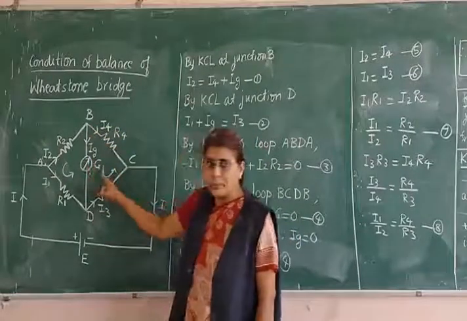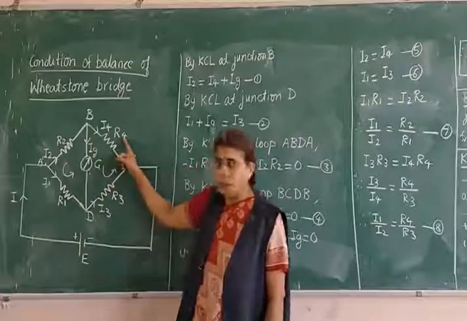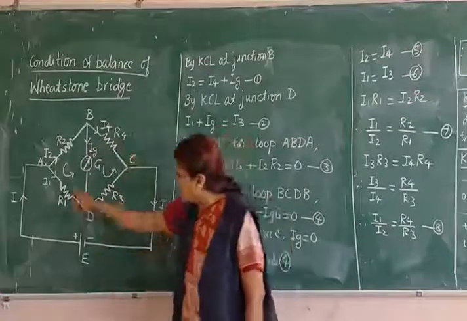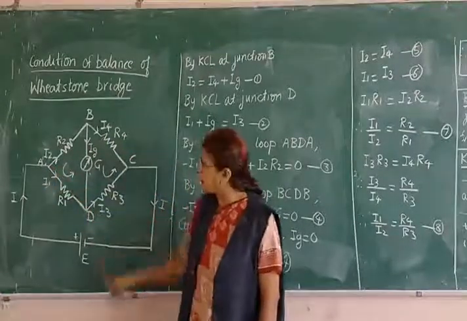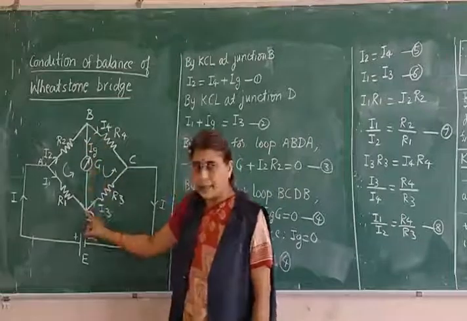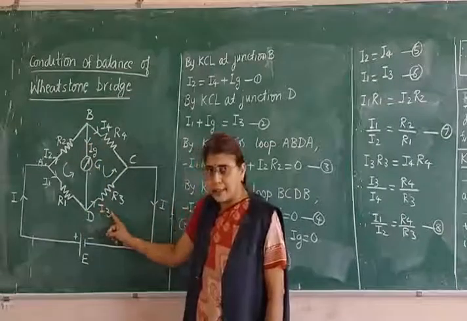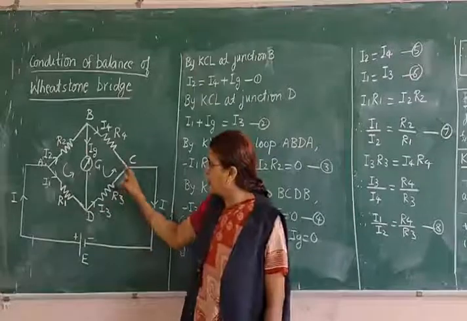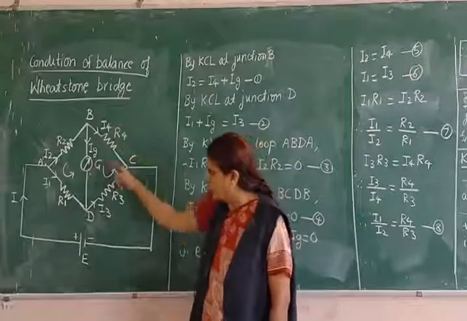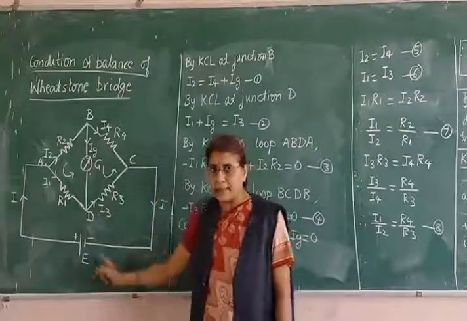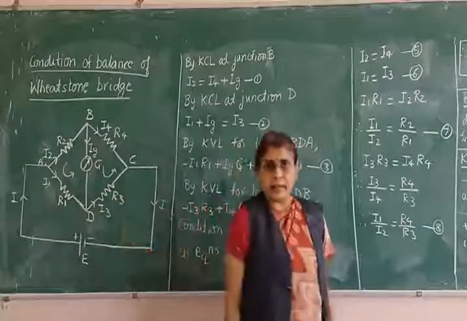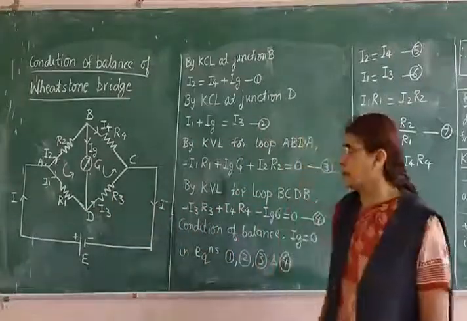Ig flows to the galvanometer and I4 flows through R4. Here I1 comes to the point D, Ig again comes to the point D, and the resultant current I3 flows through R3. Now again these 2 currents I4 and I3 combine to form the main current I. So this is the arrangement of this Wheatstone's network.